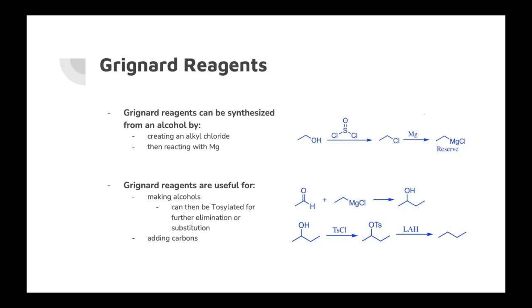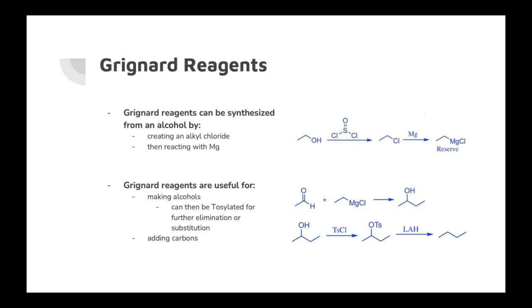And once you have that, you can then react with a tosyl chloride to create a good leaving group that can be reduced. This is an example of a kind of step-by-step mechanism or synthesis that you might be asked to do. And hopefully you can see the difference between using a reducing agent directly and using a Grignard reagent.